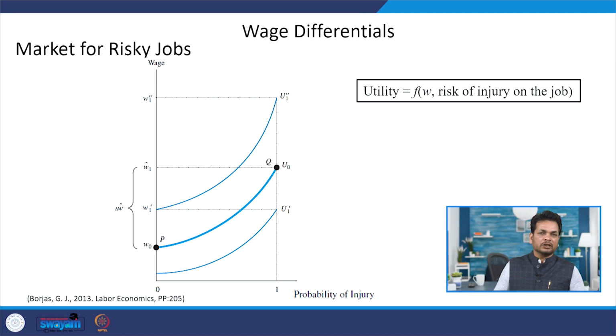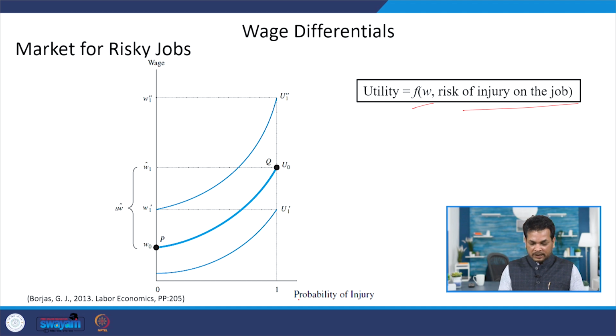When we are plotting the utility function indifference curve for this particular individual, we can see that utility is a function of the wage and the risk of injury involved in the job. Working in a safe environment, the probability of injury is 0, and working in a risky environment, the probability of injury is 1.